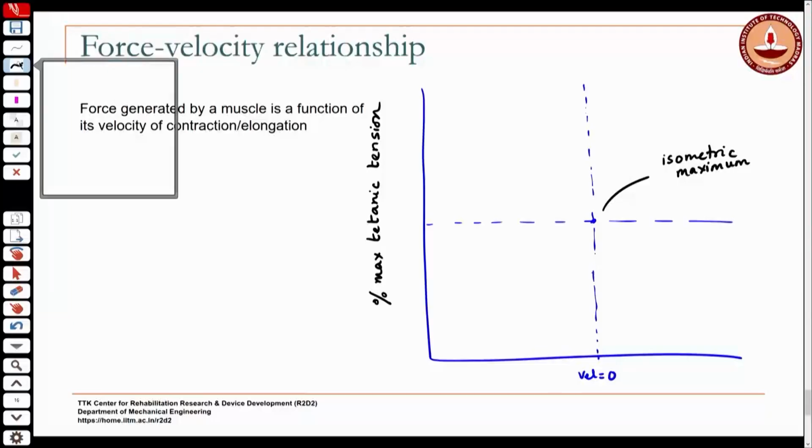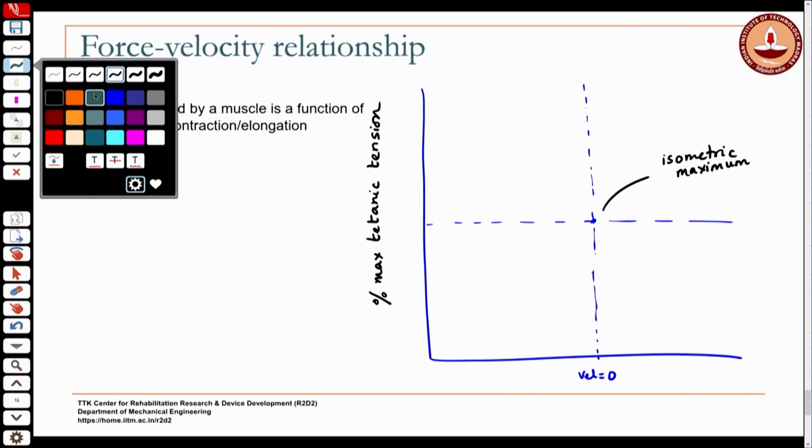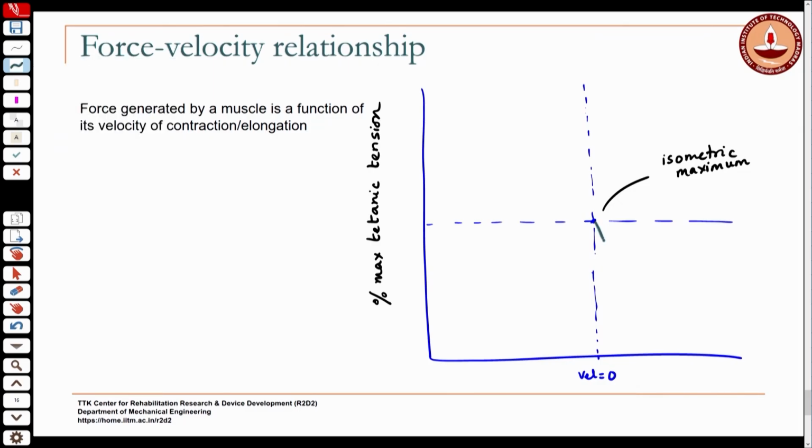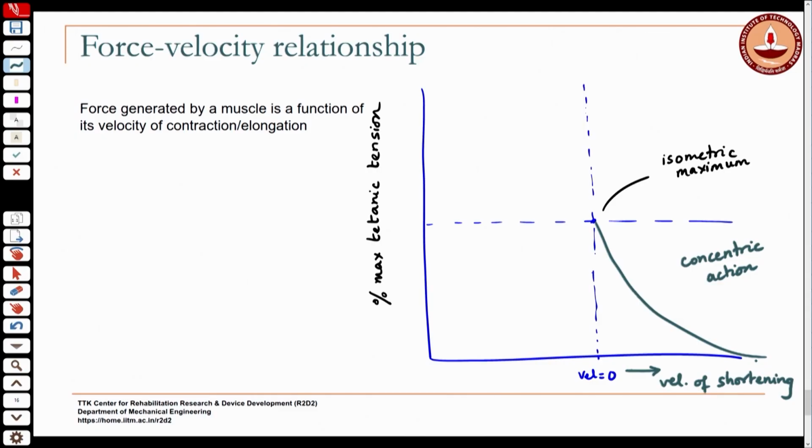You will see that the relationship between the velocity of contraction and the force that it can support is inversely proportional. So, if I contract faster, I can only exert a smaller tension.